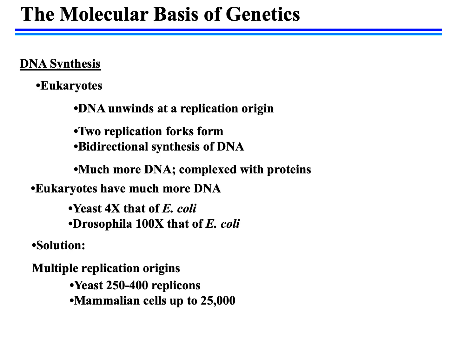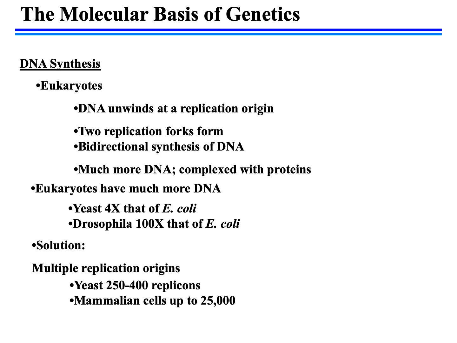DNA synthesis also occurs bidirectionally in eukaryotes, meaning that once replication has been originated, DNA replication moves in either direction away from that replication origin. However, one additional problem is that eukaryotes typically have much more DNA compared to a prokaryote.